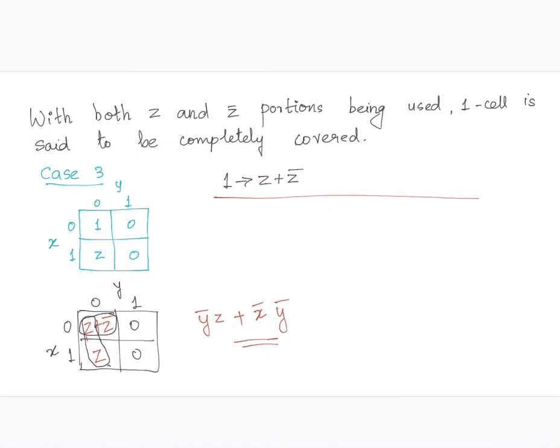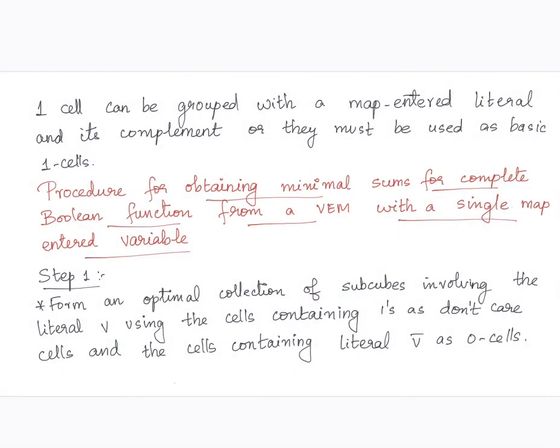So Z plus Z grouping will correspond to Y bar into Z, and as Z plus Z bar is equal to 1, that grouping will correspond to X bar Y bar. So we get this solution. So one cell can be grouped with a map entered literal or its complement, or it can be just used as such as 1 itself.